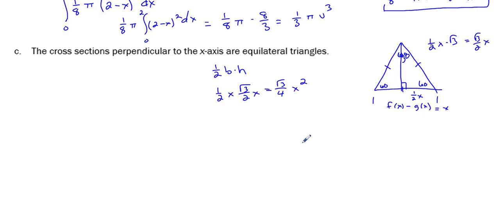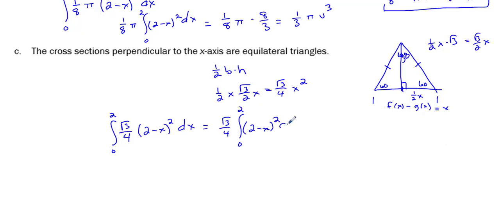For us, it'll be the antiderivative from 0 to 2. Our known formula is √3/4, and x stands for the distance between the two curves, f of x minus g of x, which we've already found to be 2 minus x. Then square it, dx. The √3/4 can go out in front: 0 to 2, 2 minus x quantity squared, dx.